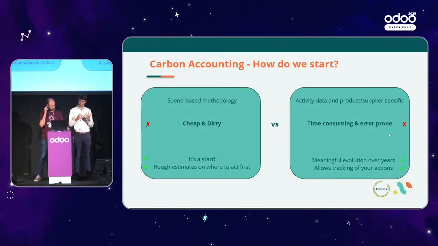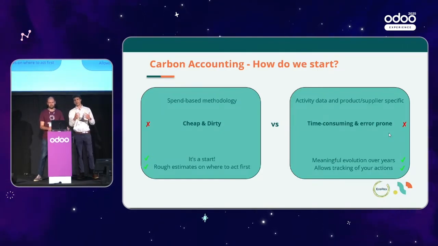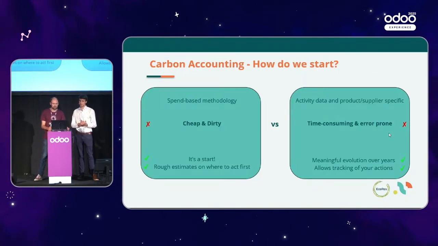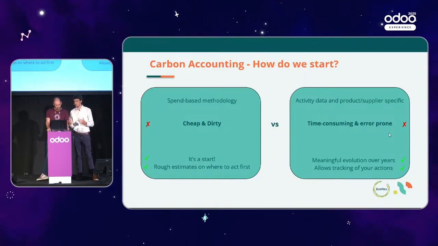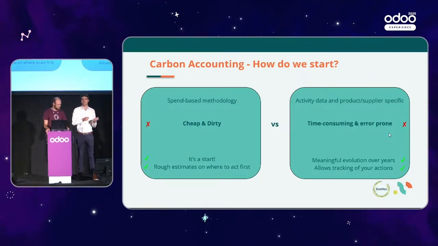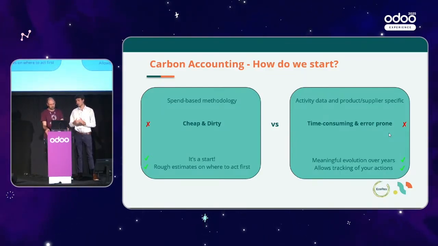But the advantage is that in the end it gives you a meaningful evolution of your carbon footprint over the years, because when you're using just the cheap and dirty method, if you want to reduce your carbon footprint, you need to reduce your spending, and that's not something that you always want to do. With a better method, it actually allows you to track your actions. If you choose one product over another, even if it's more expensive but it has a better CO2 footprint, then you can actually see it. And so that's something that we want to go for.